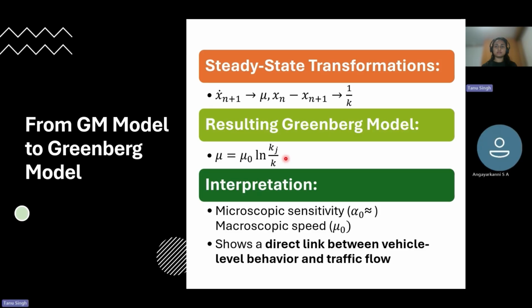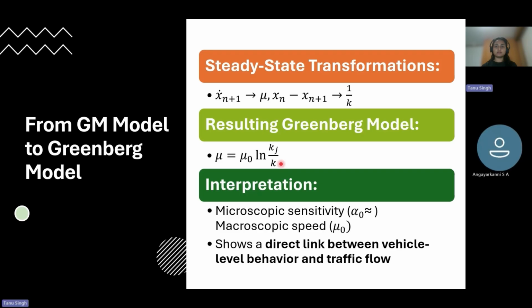When we put these values, differentiate, and integrate, we get the model with kj by k. This whole derivation of how we get Greenberg's model has been discussed in the lectures.